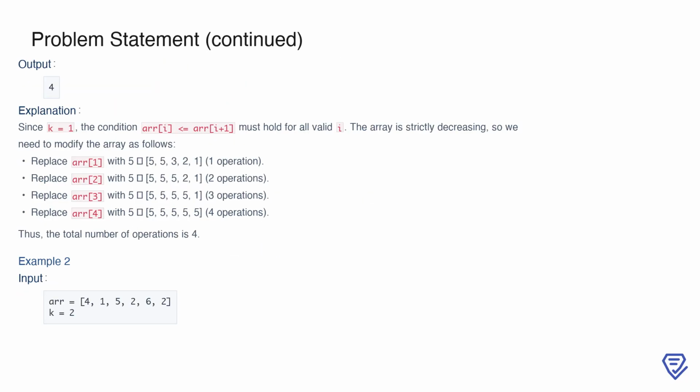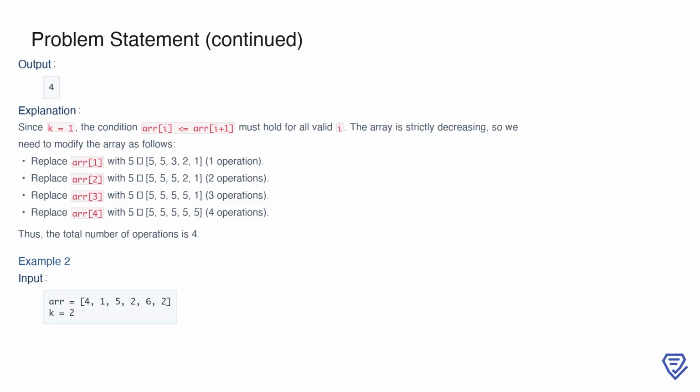Consider the first example, where the input array is 5, 4, 3, 2, 1, and k is 1. Since k equals 1, the condition simplifies to arr[i] <= arr[i + 1] for all valid indices. However, this array is strictly decreasing, so every element violates the condition. To make it non-decreasing, we can perform the following operations: replace arr[1] with 5, resulting in 5, 5, 3, 2, 1, then replace arr[2] with 5, giving 5, 5, 5, 2, 1.